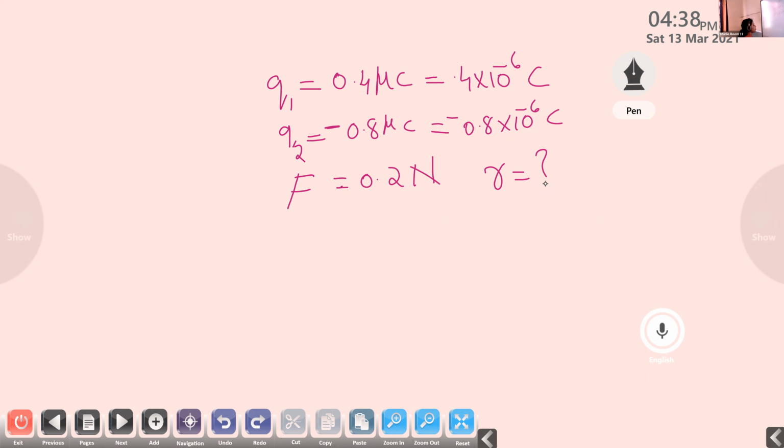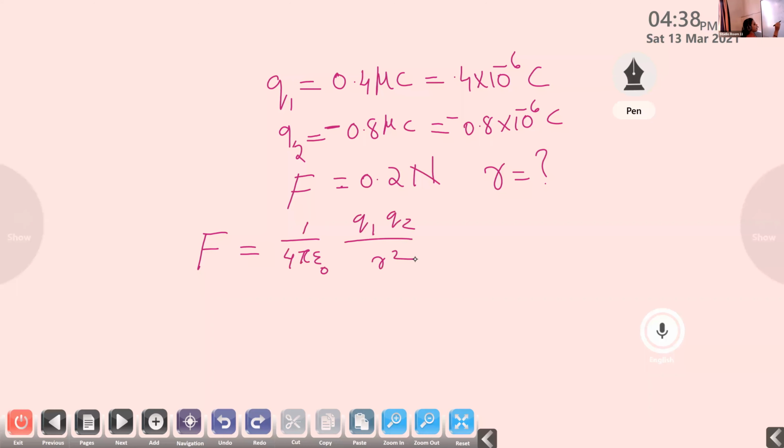Here also we can apply Coulomb's law. According to Coulomb's law, F is equal to 1 by 4 pi epsilon 0 into Q1 Q2 divided by R square.